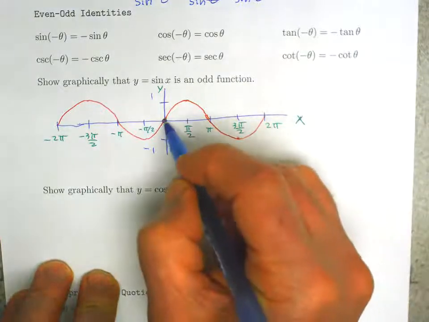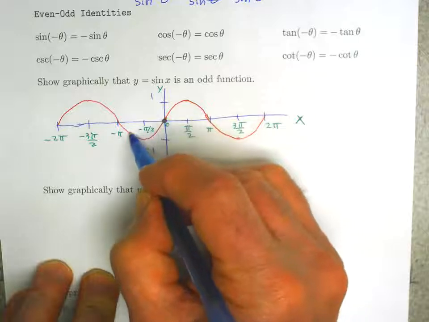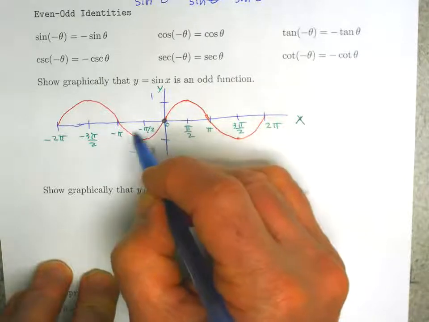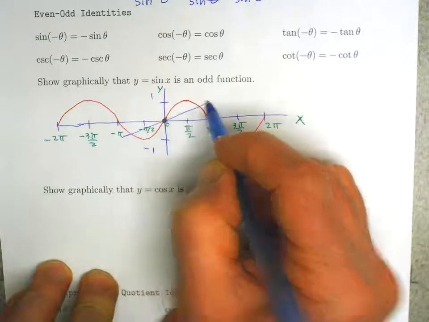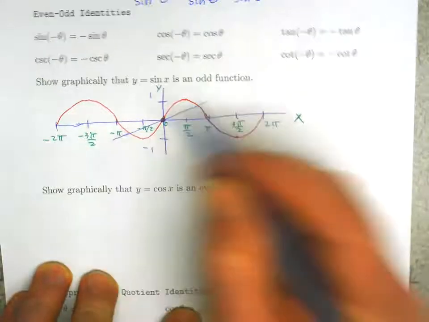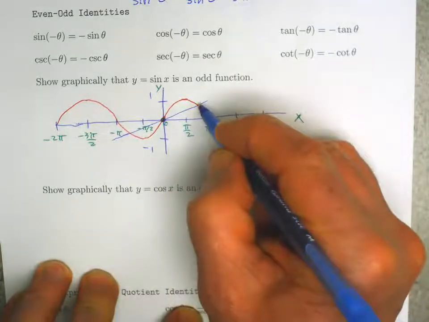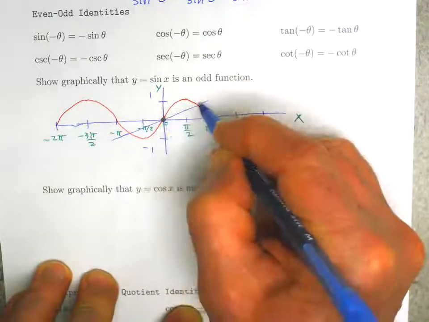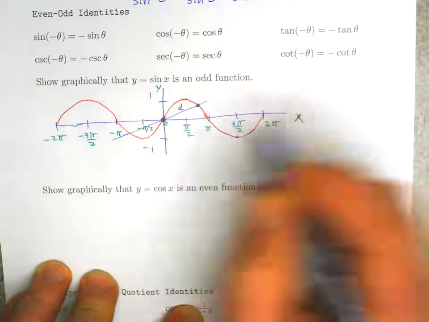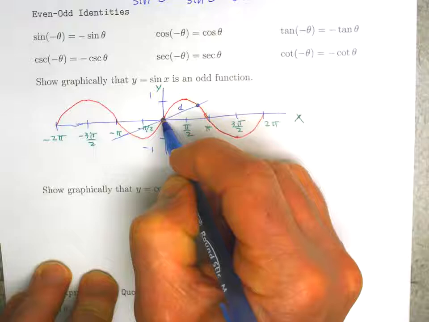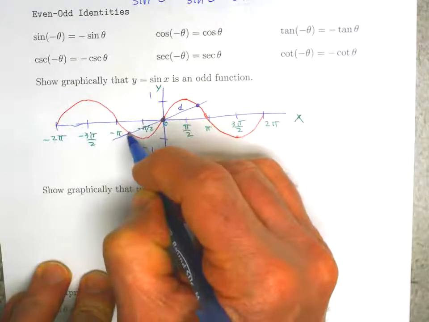So the idea is if I draw a straight line through the origin, kind of like this, pretend like that's a straight line, then the distance from the origin to this point on the graph will be the exact same distance from that point to the graph in the opposite direction.